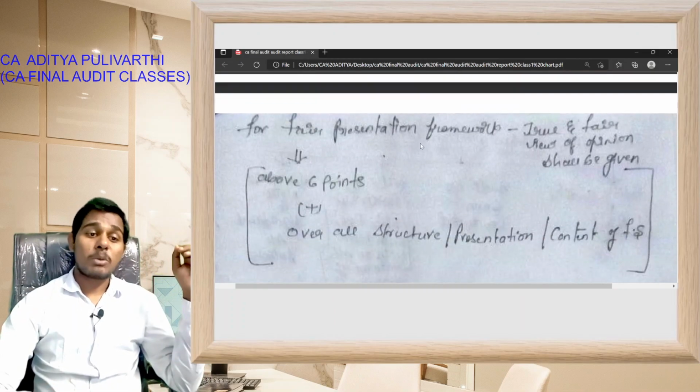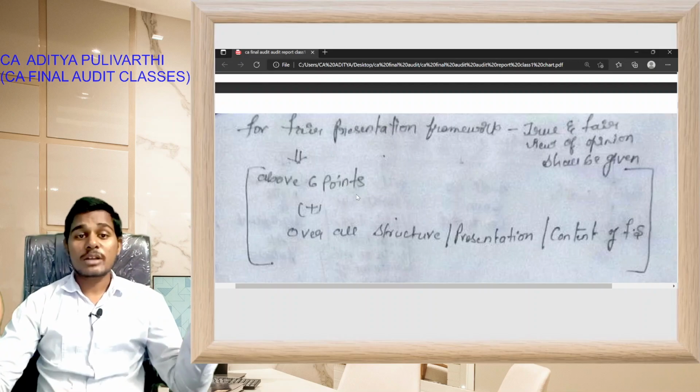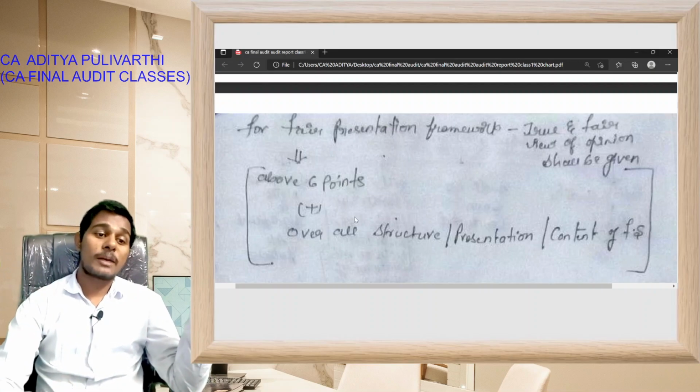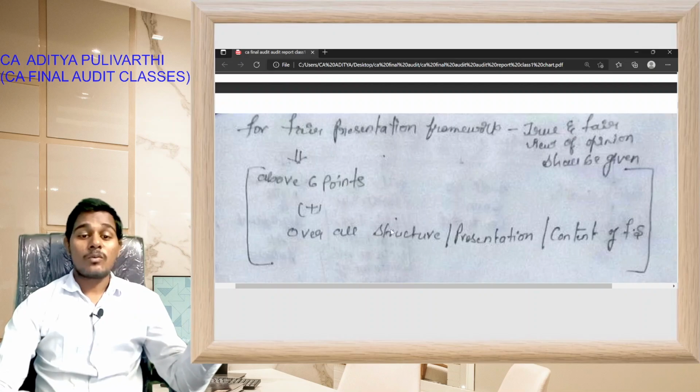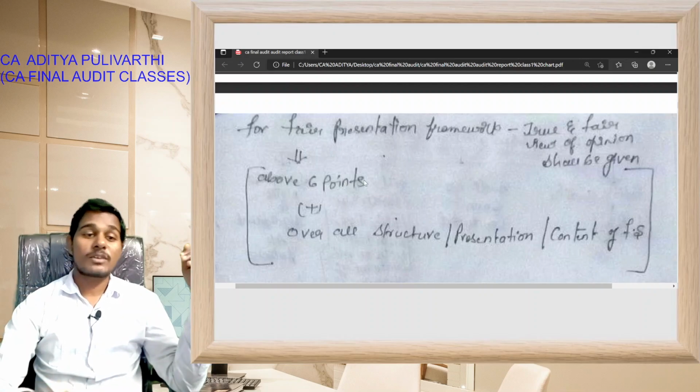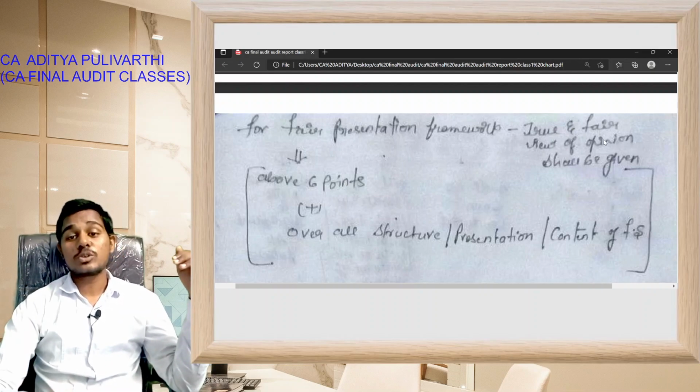Okay students, next, fair presentation framework. We have seen the above 6 points. The auditor should check whether the company has complied with all the above 6 points, plus it should also check whether the overall structure and presentation of financial statements are in accordance with the applicable financial reporting framework. Then only the auditor will issue a true and fair view opinion on the financial statements.